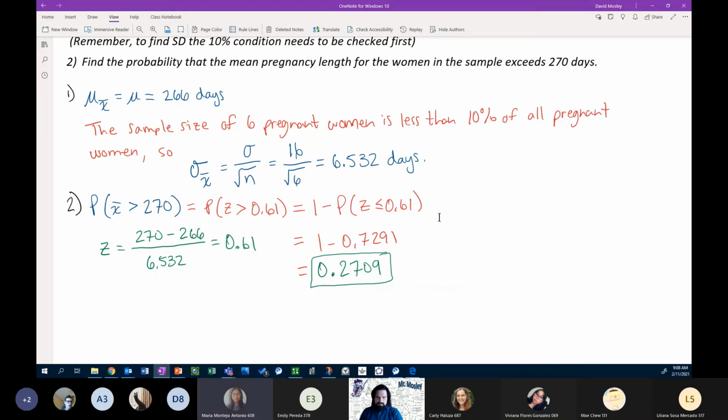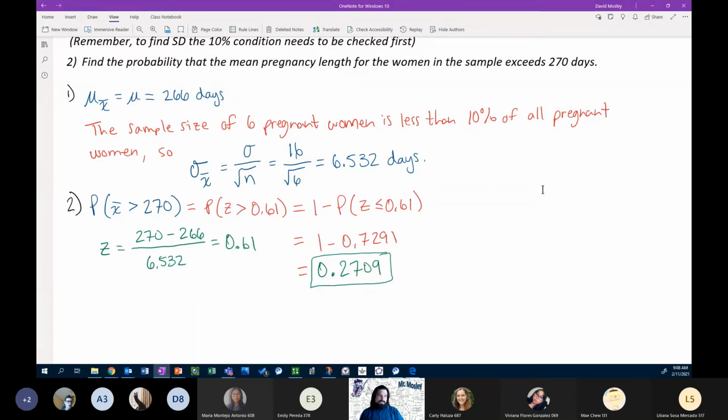I have a question, but for the other one. For the 10%, how do you know if it's less or greater than 10%? So in some cases, it's just something that should be true.